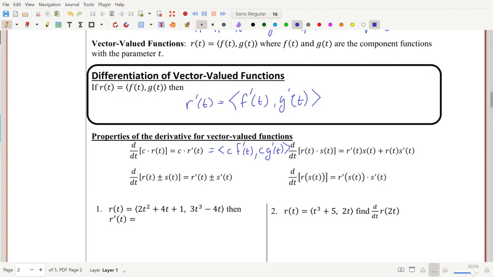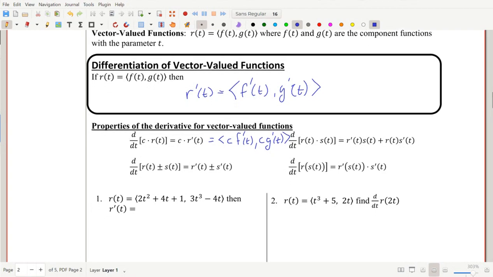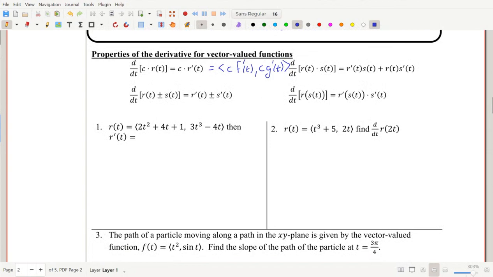All right, so we have 3 examples to go over. The first one is just the most basic thing. It's exactly what we were doing with parametric equations. If r of t equals this vector, then r prime of t just equals those individual derivatives as a vector.